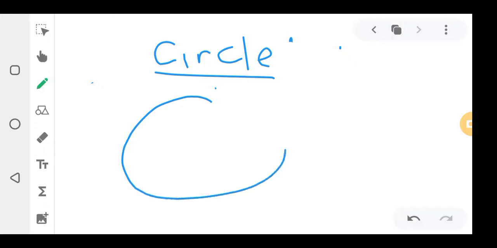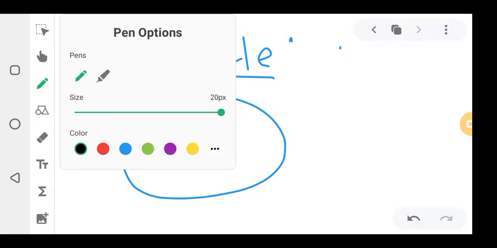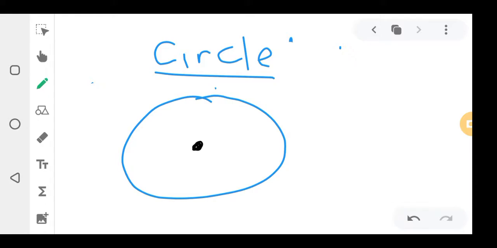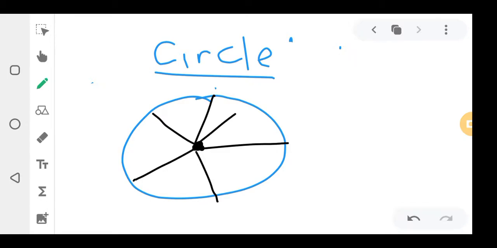If this is a circle, the line from the center to any point on the circumference, that distance is what is called the radius. So all these are radiuses.